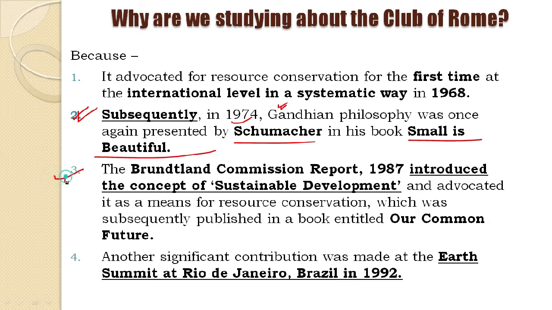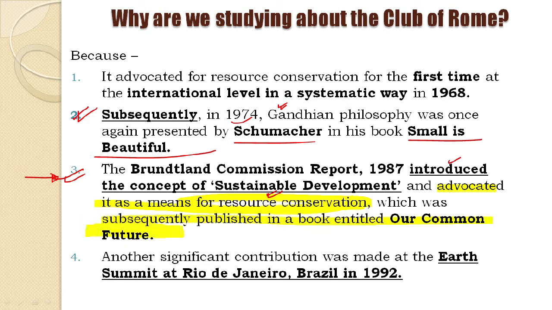Now in point 3, the Brundtland Commission report of 1987 introduced the concept of sustainable development. From this point in 1987, the concept of sustainable development was introduced, and it advocated it as a means for resource conservation, which was subsequently published in a book entitled Our Common Future.